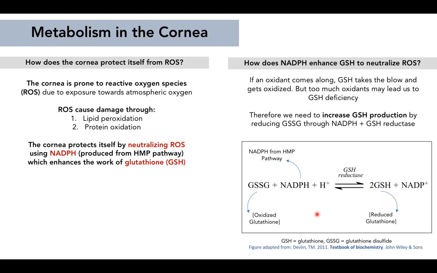When we need more GSH, the NADPH from our HMP pathway will convert the oxidized glutathione into reduced glutathione, therefore providing us with more glutathione that can be used to counteract these ROS.